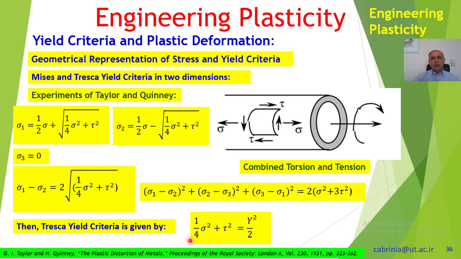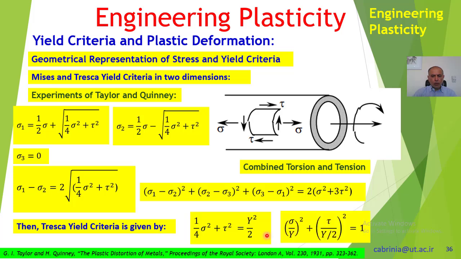So what we do is that we use the Tresca and Mises yield criteria, and then if we put these values, we will get different values for the points Y.